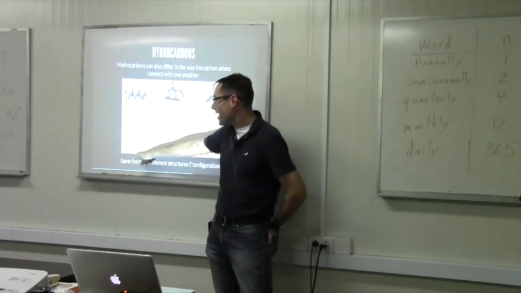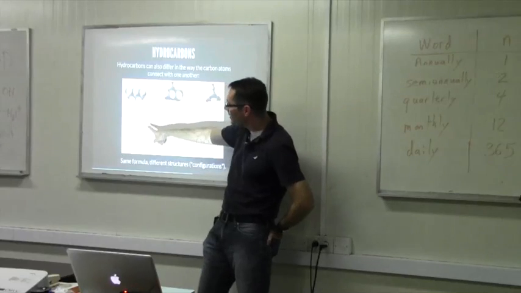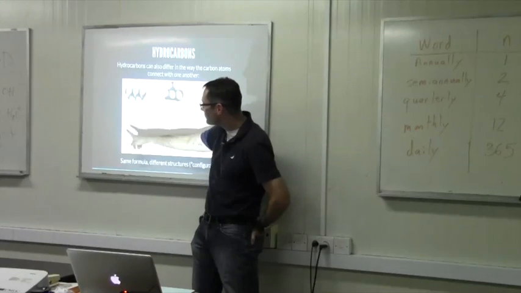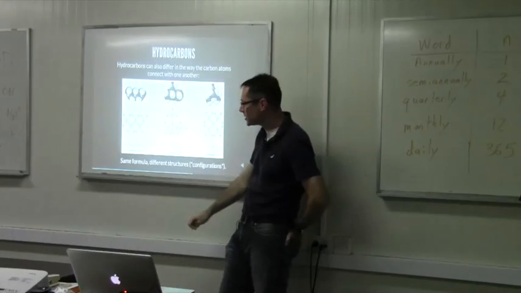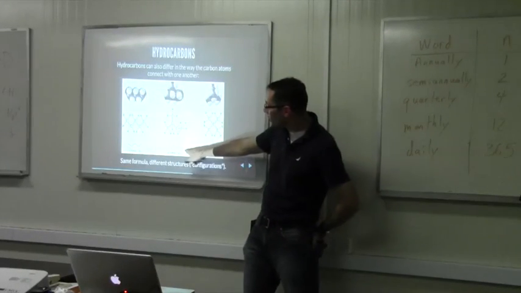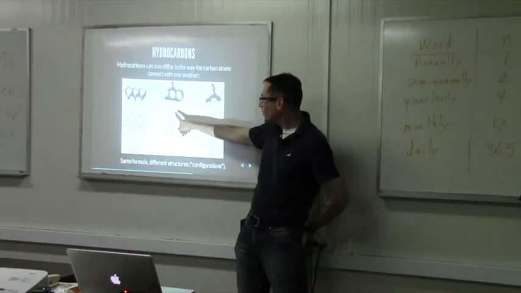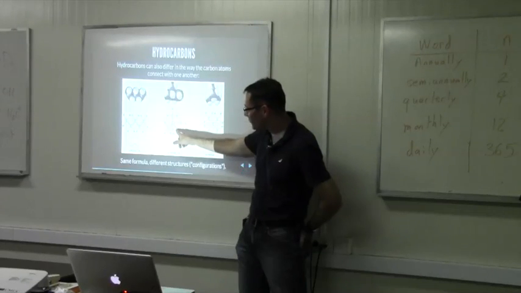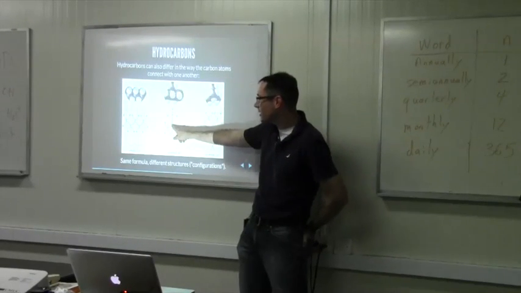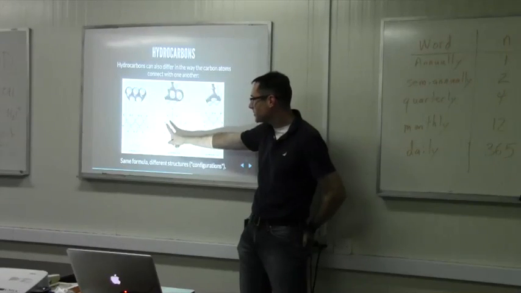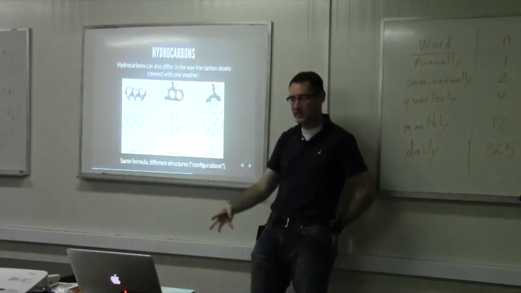This is called N-pentane, and see how it looks like this. You've got carbon, carbon, carbon, carbon, carbon, and then off each end you've got all the hydrogens, right? You've also got isopentane, which looks like this. It's a little weird. It's a different structure. Carbon, carbon, carbon, and then another carbon stuck off this one. So this carbon in the middle here has a carbon there, and carbon there, all attached to it.